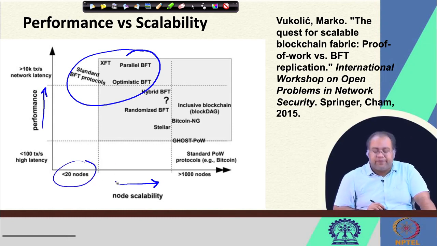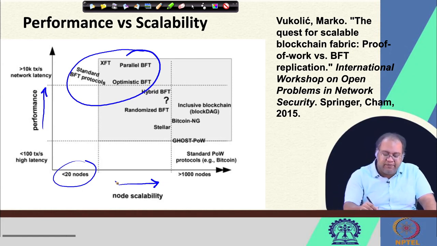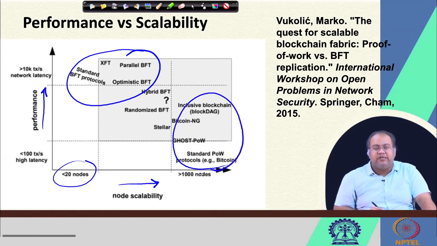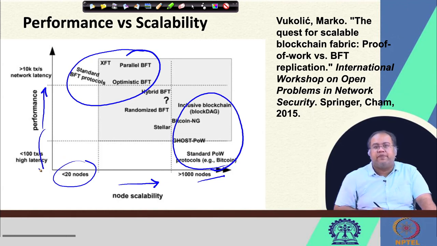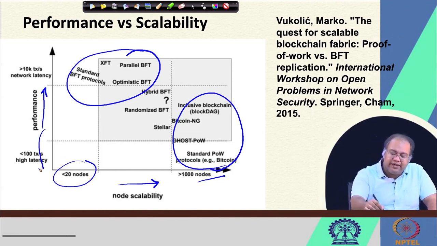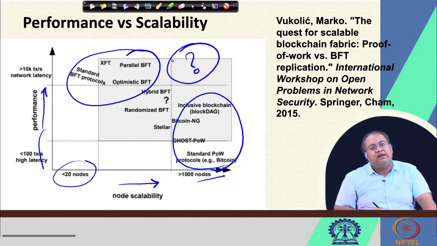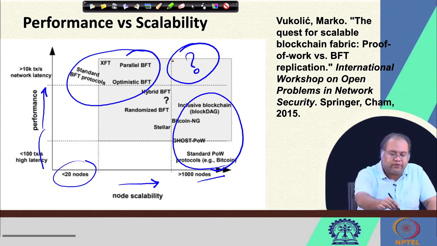Whereas proof of work based systems are at the other end. They support a large number of nodes, but they provide less transaction throughput. So ideally we need something in this space, where I can have a large number of nodes and at the same time significantly higher transaction throughput.